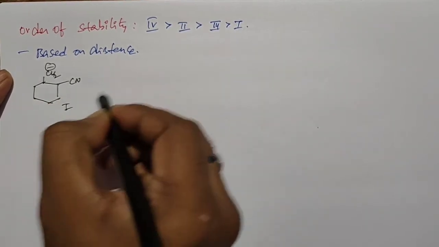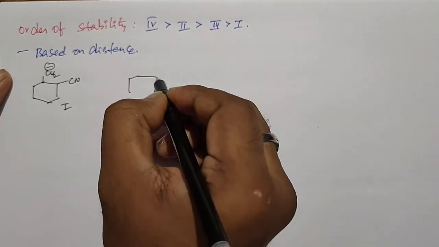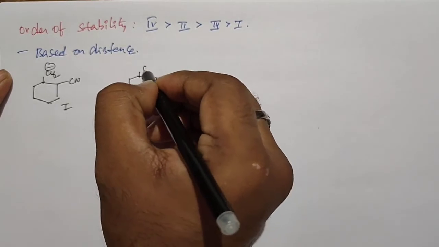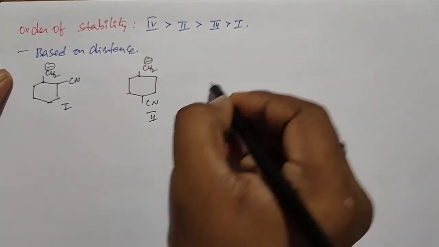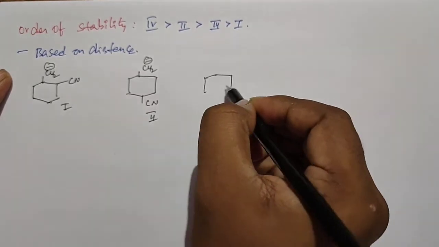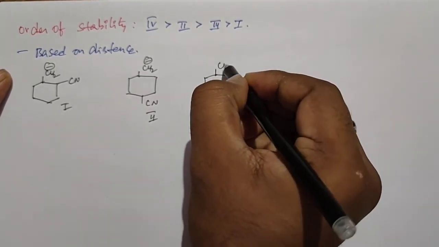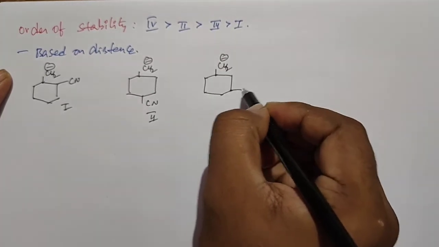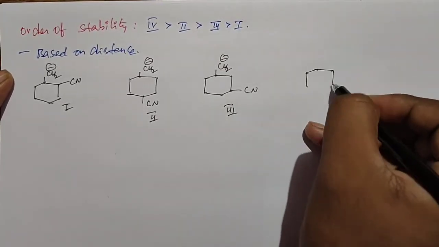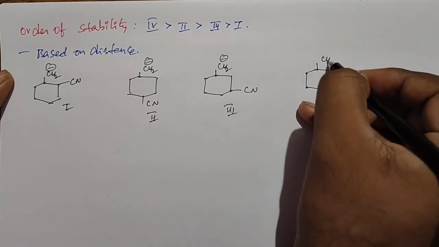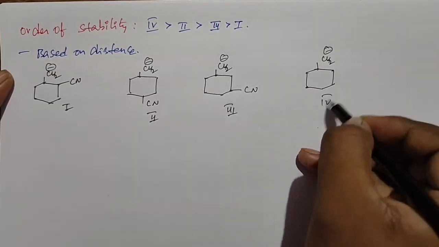This is structure 1, and this is structure 2, and this is structure 3, and this is structure 4.